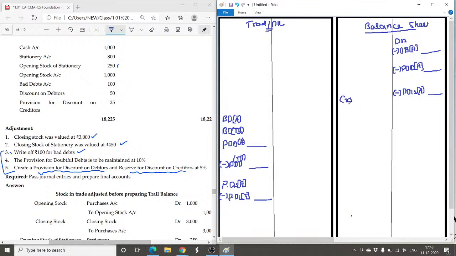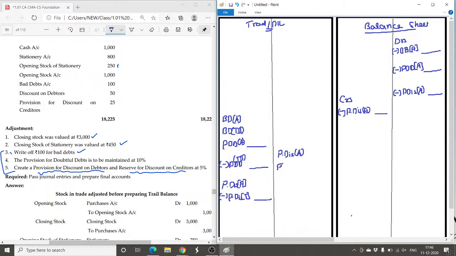So creditors minus provision for discount given in the adjustment is subtracted here. This is gain for us, so it will appear in the credit side. So provision for discount on creditors given in where? In the adjustment.